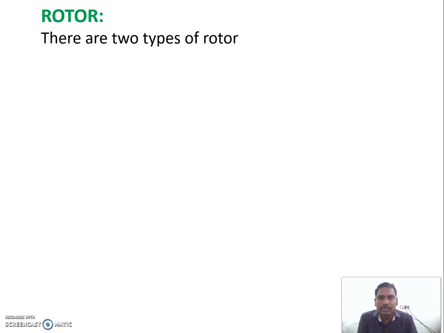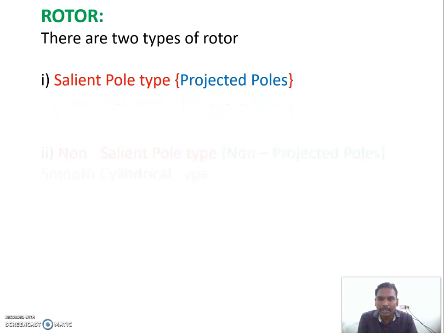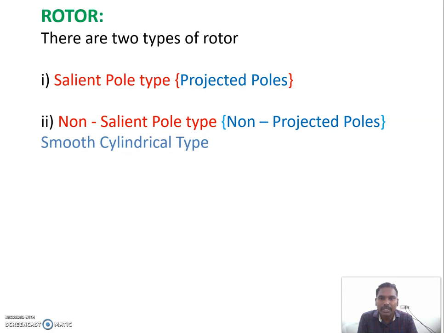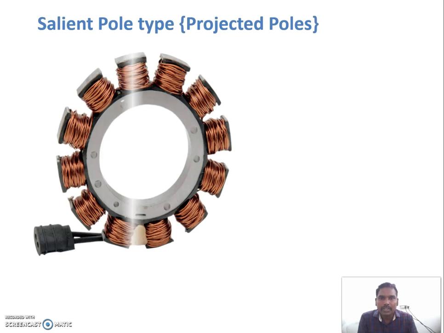Similarly, the rotor has 2 types: one is salient pole type, another is non-salient pole type. Salient pole means the poles are projected, and non-salient pole means the poles are very smooth. This is salient pole construction, and this is your winding nature.